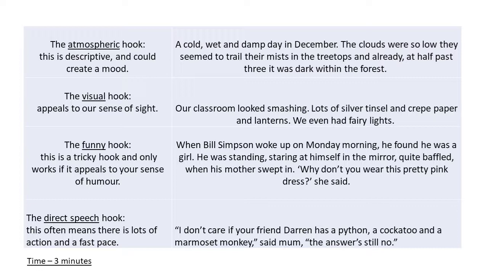Then you've got the visual hook. "Our classroom looked smashing. Lots of silver tinsel and crepe paper and lanterns. We even had fairy lights." So it's similar to the atmospheric hook because it's using imagery, but this description focuses on the sight as opposed to any other senses, and it's really effective.